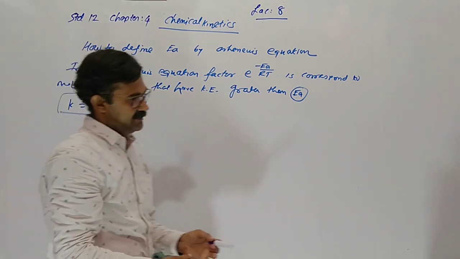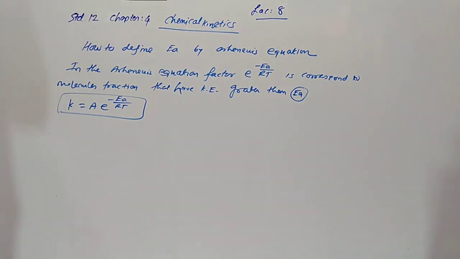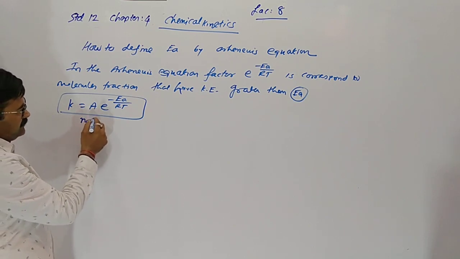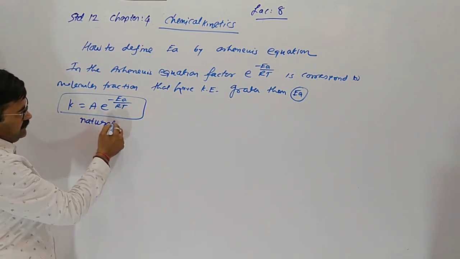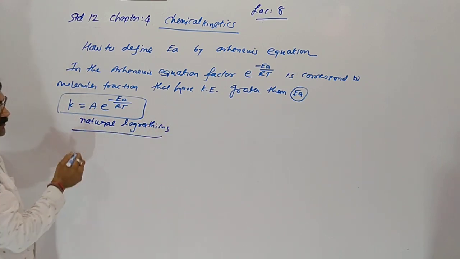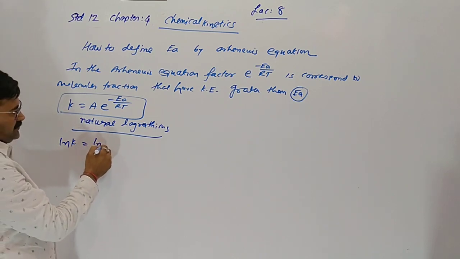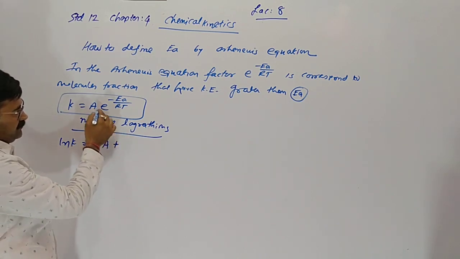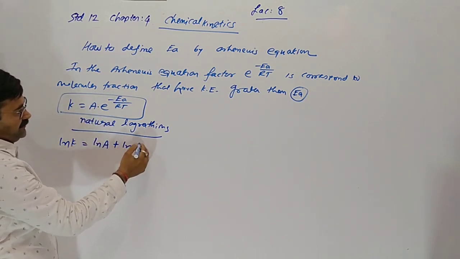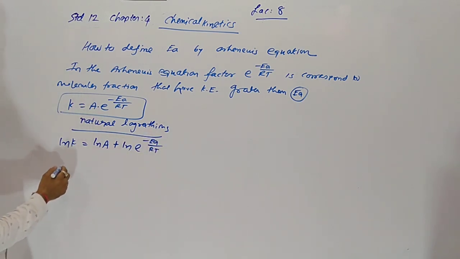We apply the natural logarithm on both sides. ln k is equal to ln A plus ln e raised to minus Ea upon RT.